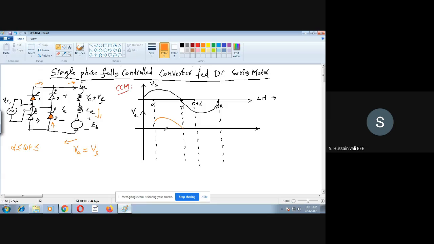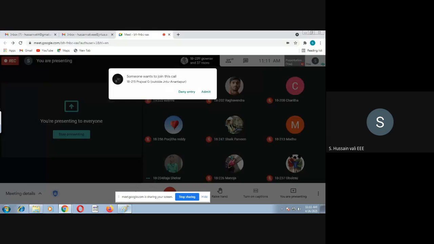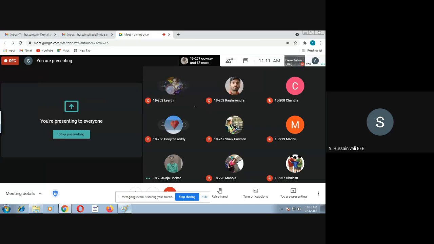They will conduct till you fire the second set, that is 2 and 4, at pi plus alpha. Till pi plus alpha, Va is equal to Vs.